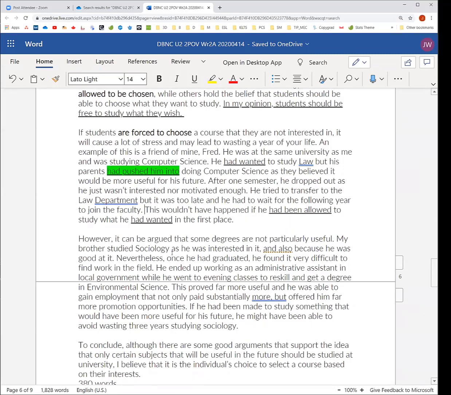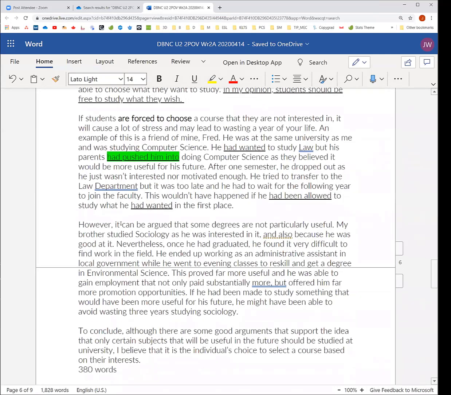Yep. Go ahead. However, it can be argued that some degrees are not particularly useful. My brother studied sociology as he was interested in it and also because he was good at it. Nevertheless, once he had graduated, he found it very difficult to find work in the field.